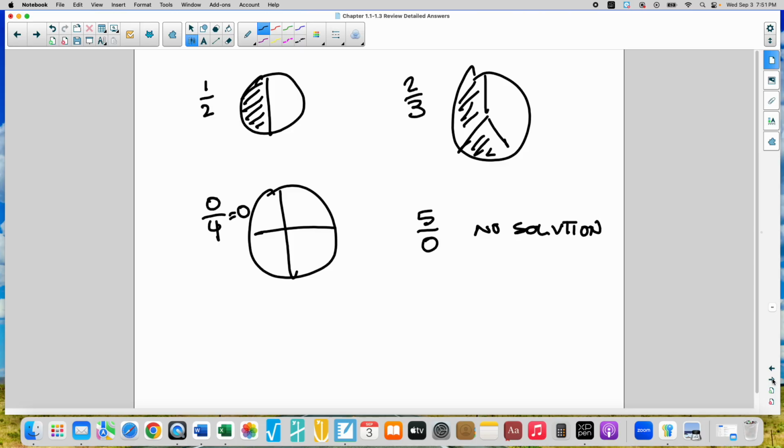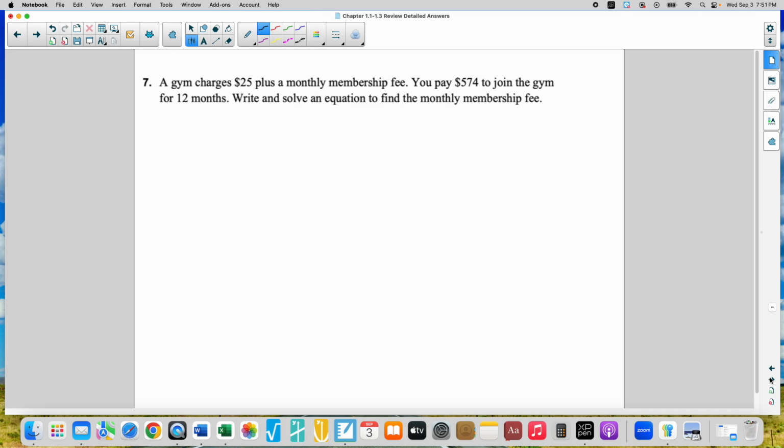Very important concept. Number 7, a gym charges $25 plus a monthly membership fee. You pay $574 to join the gym for 12 months. Write and solve an equation to find the monthly membership fee.